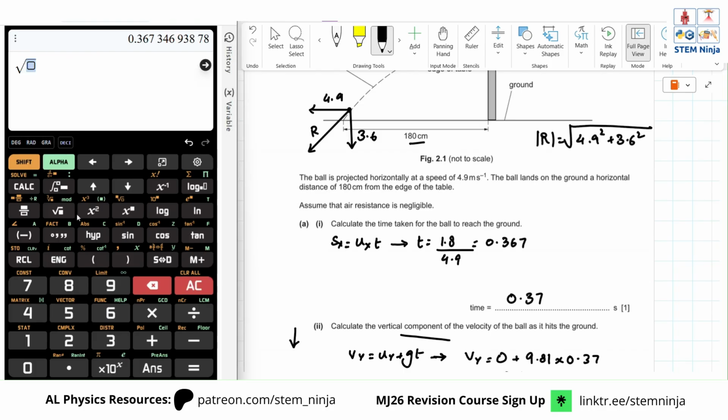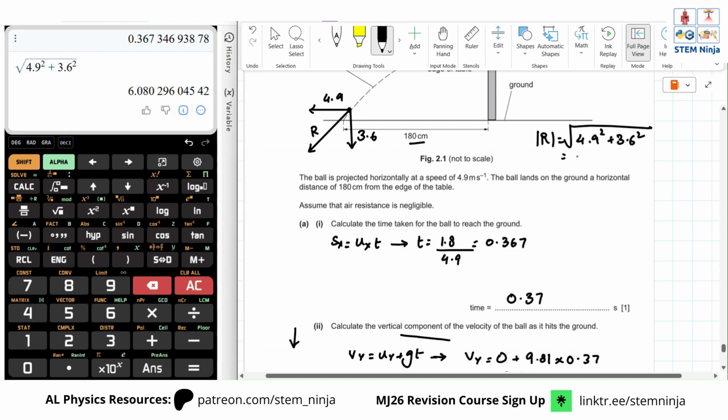So 4.9 squared plus 3.6 squared. This is going to be 6.08, or 6.1, you can say.